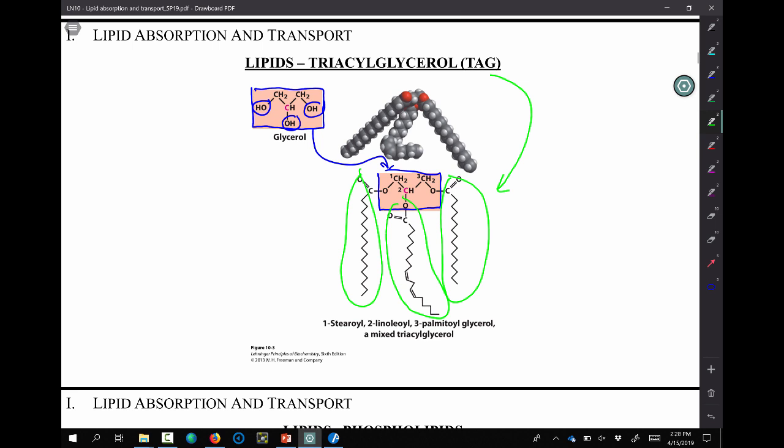Chains are typically 16 to 24 carbons long in naturally occurring triacylglycerides.